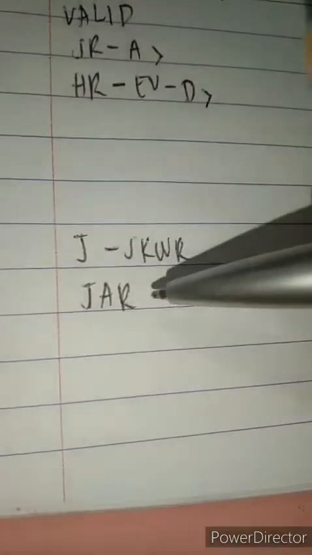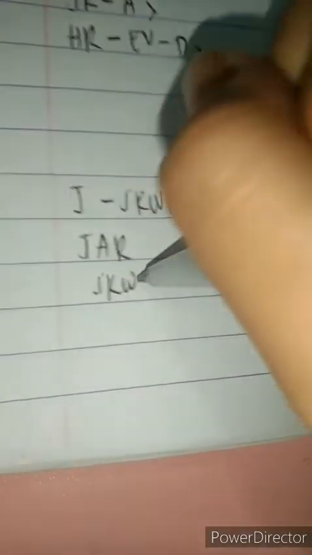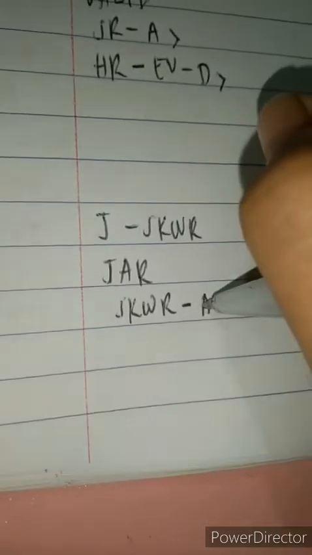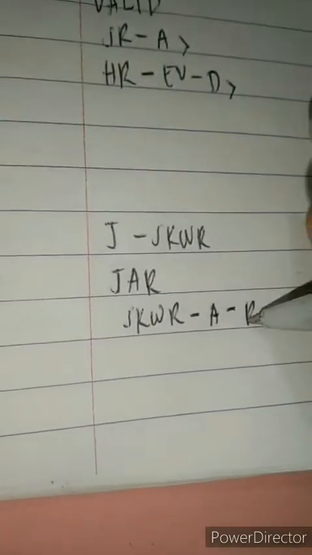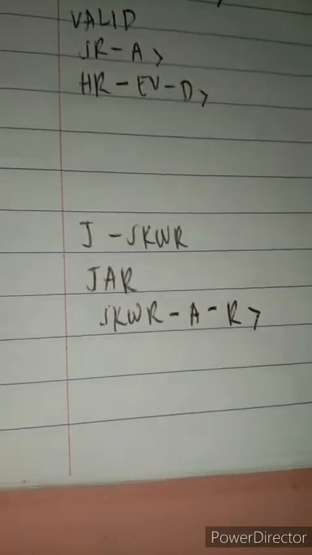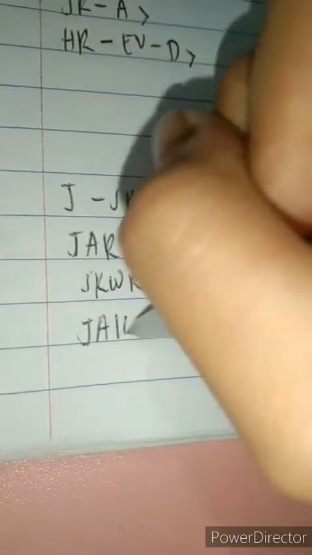Okay, first example, the word jar. So, S, K, W, R, and then vowel letter A, and then ending letter R and release. And the next example is the word jail.